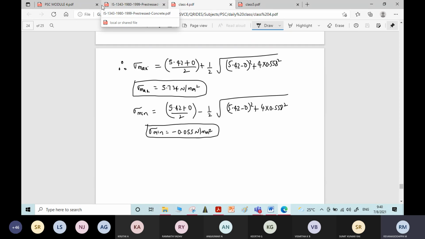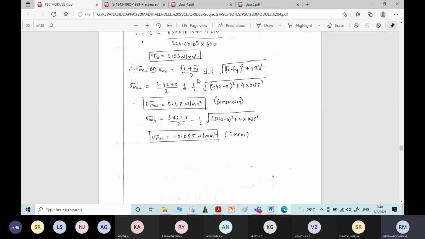Till now, what you have learned is how to do the analysis for shear stresses or the principal stresses in a pre-stressed concrete beam. Next, you will be learning how to design a beam for a shear force. How to design a pre-stressed concrete beam for a given shear force, that is the next part.